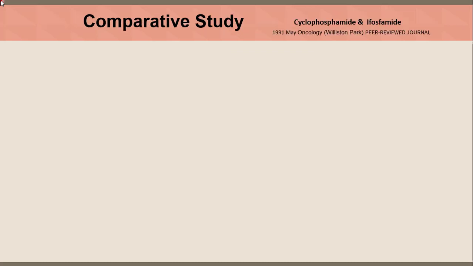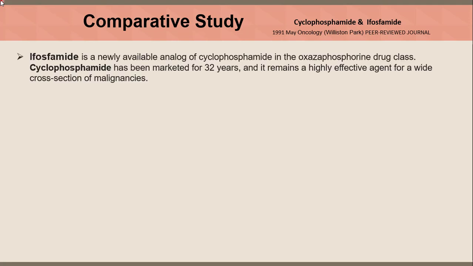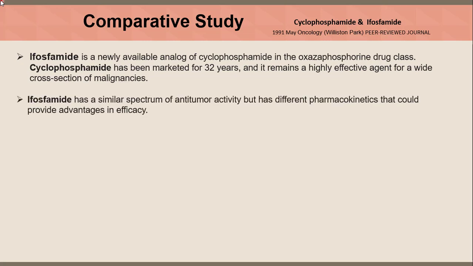According to a comparative study between cyclophosphamide and ifosfamide, published in May 1991 in a peer-reviewed oncology journal, Williston Park, ifosfamide is a newly available analog of cyclophosphamide in the oxazaphosphorine drug class. Cyclophosphamide had been marketed for 32 years, which means now around 60 years, and it remains a highly effective agent for a wide cross-section of malignancies.